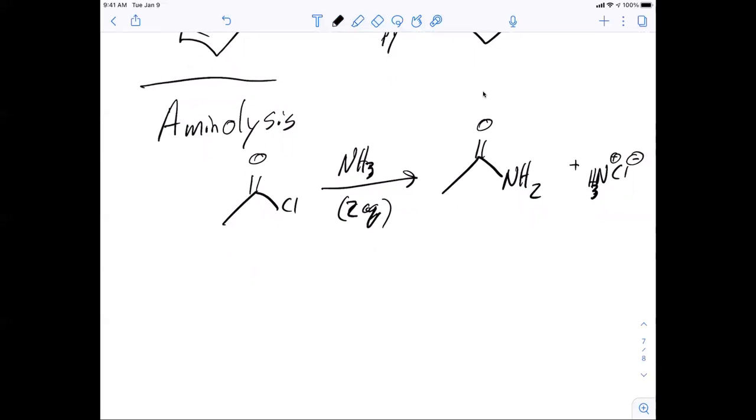Questions about these? And again, the mechanism is a nucleophilic acyl substitution. Again, sometimes you see this turned around the other way.